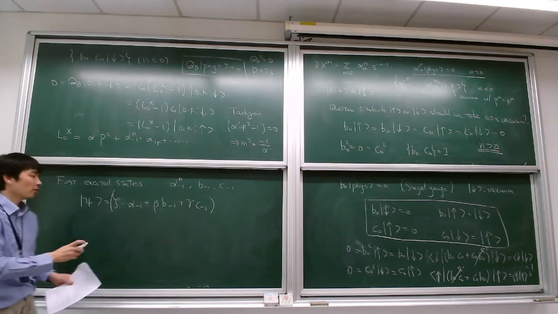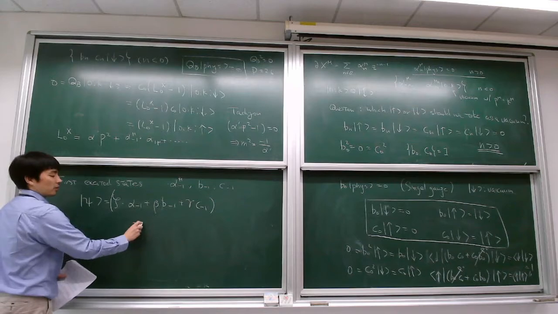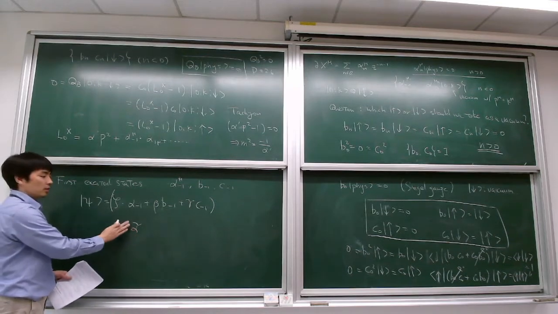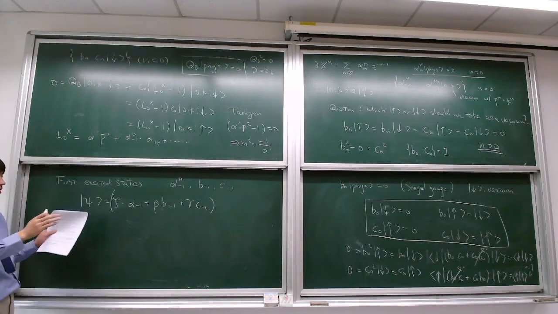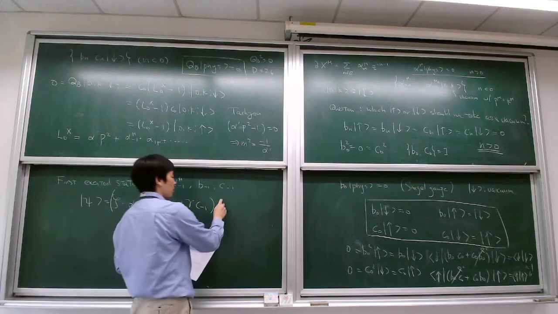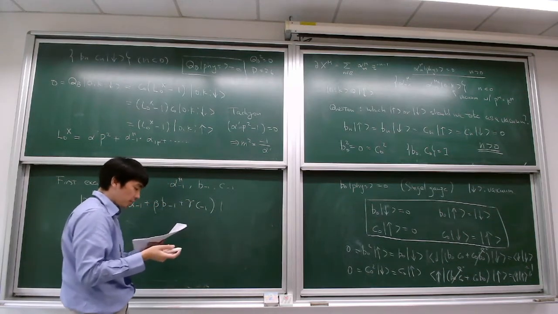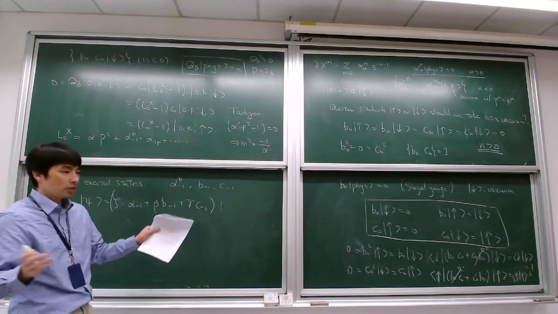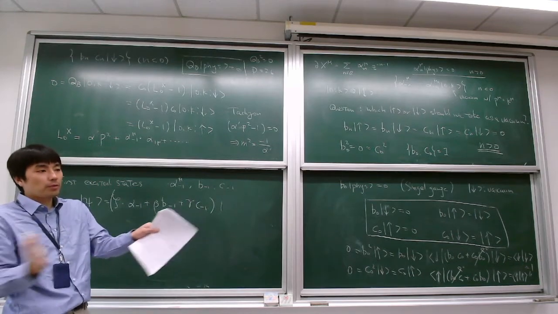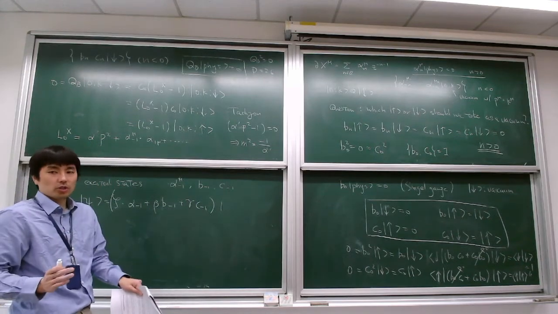I already forgot the tilde part, so the anti-holomorphic part I already forgot. Just focus only on the holomorphic part. That can be done for the open string sector. If you do the homework, you can identify the holomorphic and anti-holomorphic sectors by using the boundary condition for the open string.